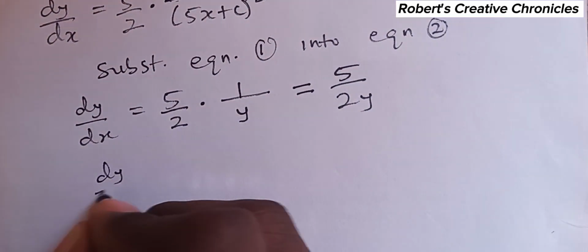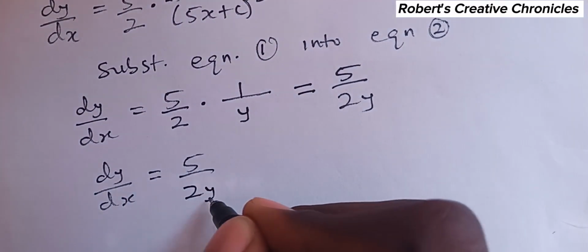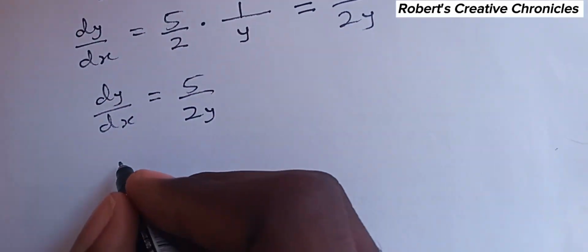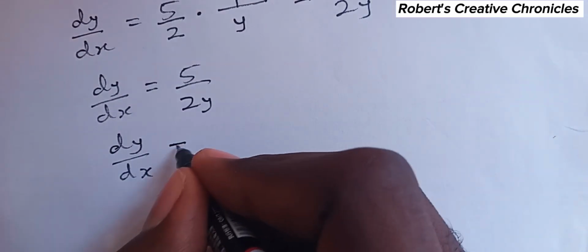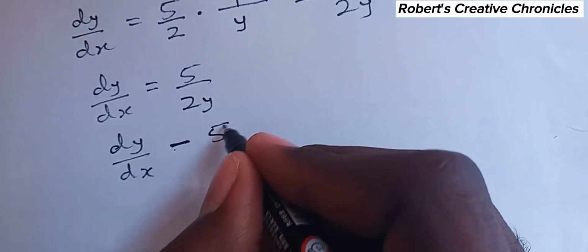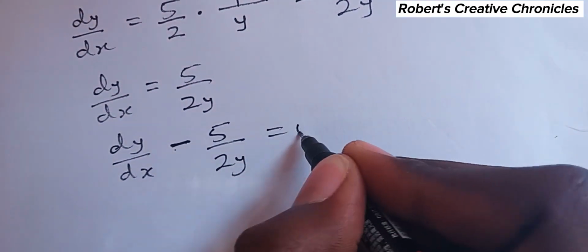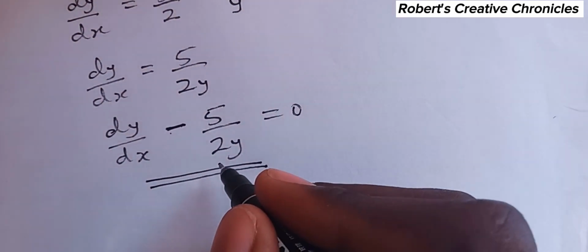So dy over dx is equal to 5 over 2y. Then if we rearrange it, dy over dx minus 5 over 2y equals 0. So this is my final answer for the C part.